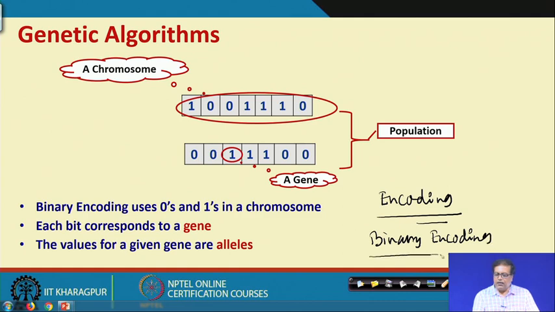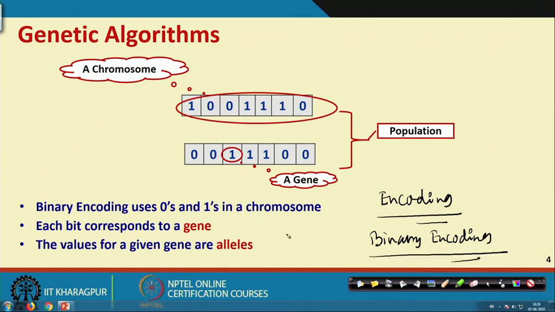So, suppose I have a number let us say 4, then 4 can be written in binary as 2 to the power 2, which is like 1 0 0.